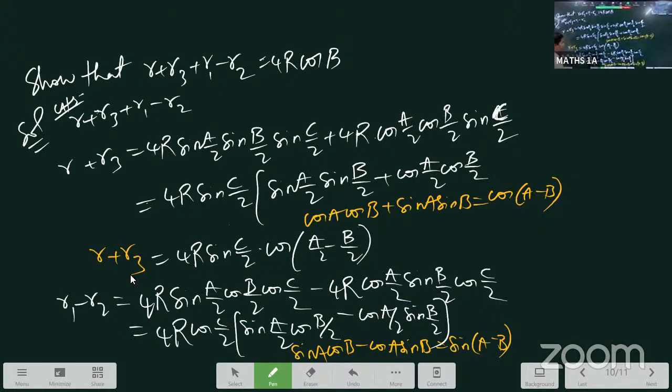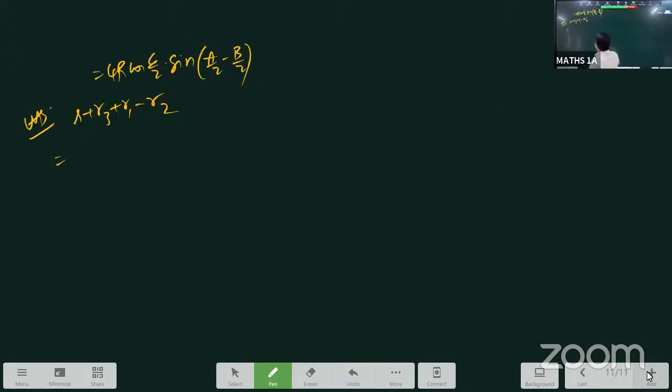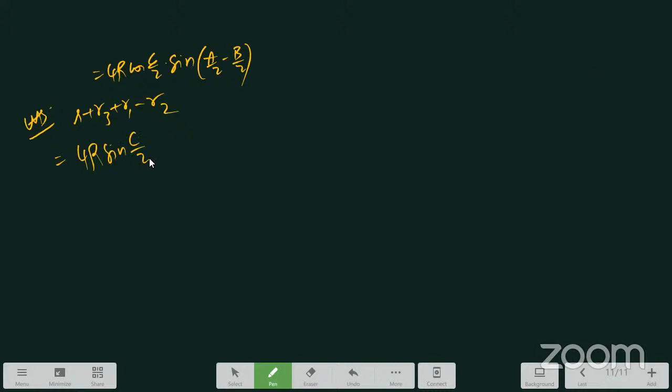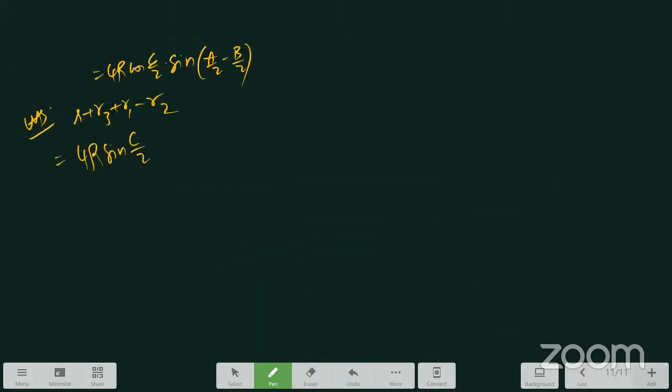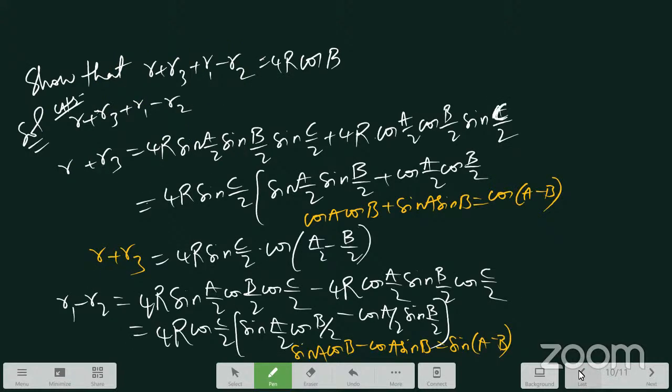R plus R3, I can replace it with 4R sin C by 2 cos of A by 2 minus B by 2, plus R1 minus R2. What is R1 minus R2?